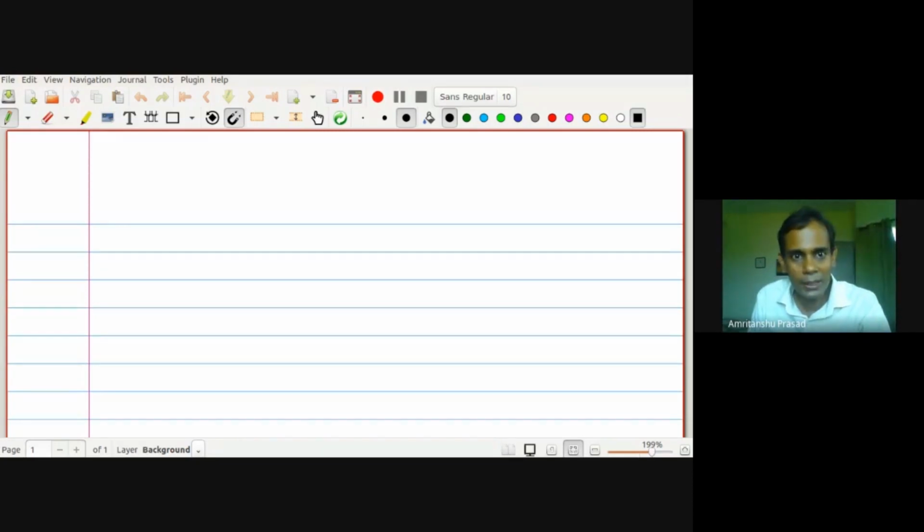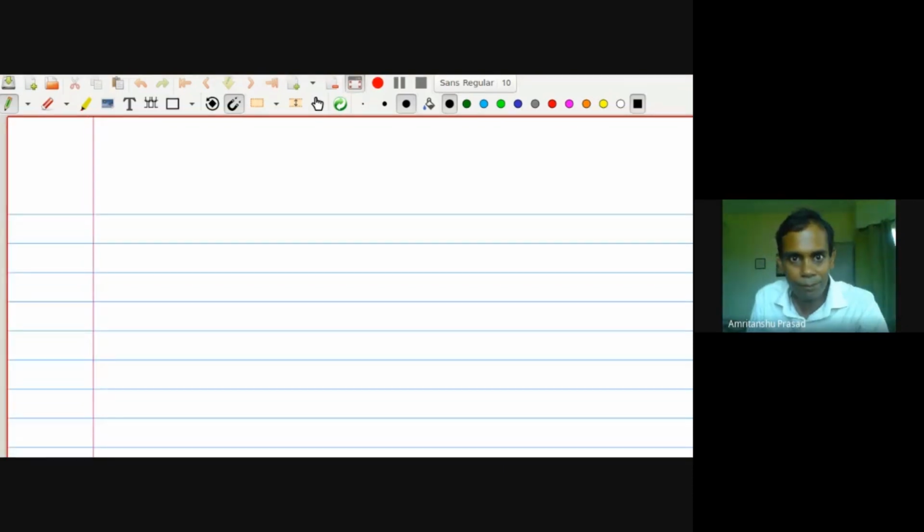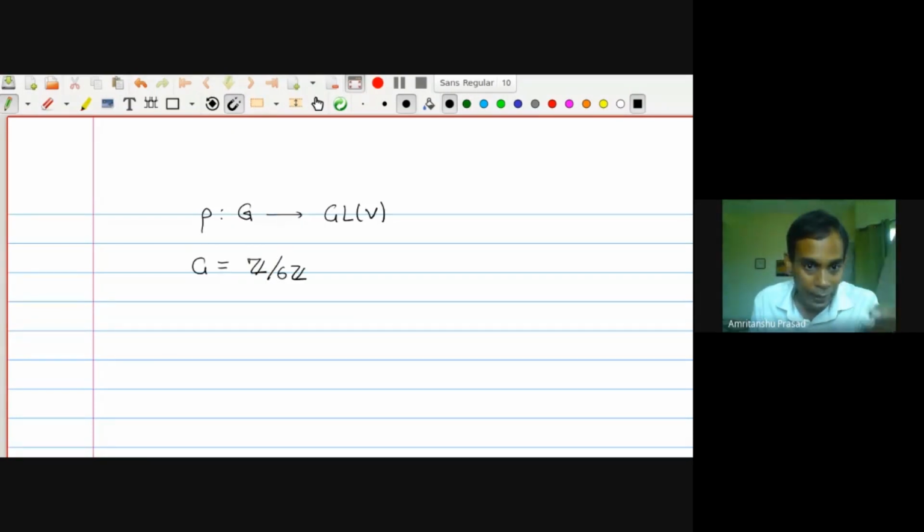So what I was saying is that a representation is a function from G to GLV, where V is a vector space, and I was trying to give you an example. So I'll take G to be Z mod 6Z, and so this has elements 0, 1, 2, 3, 4, 5, and then 5 plus 1 is 0 again.